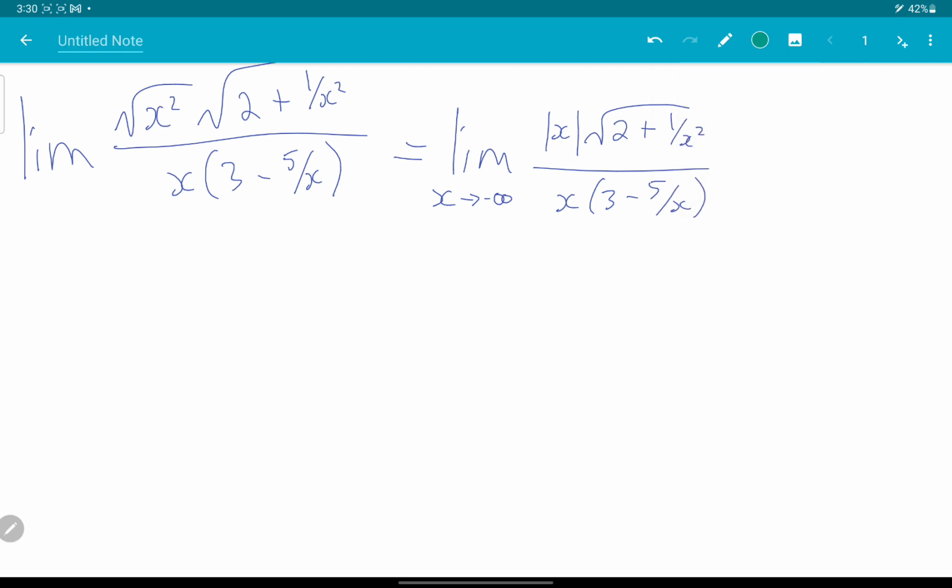So what does that tell me about absolute value of x? Well, x is negative, right? This x here, I assume it's negative. So the absolute value of x is not equal to just x. Absolute value of negative 7 is not equal to negative 7, is it, right?